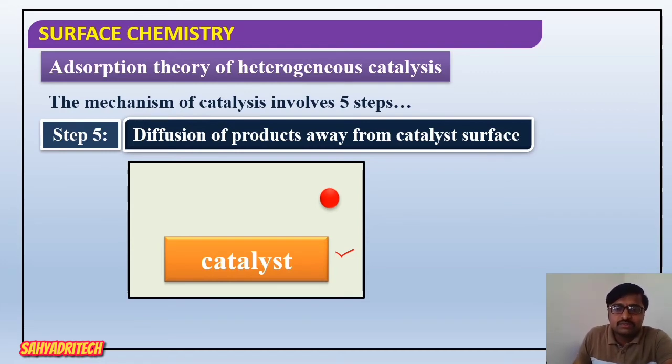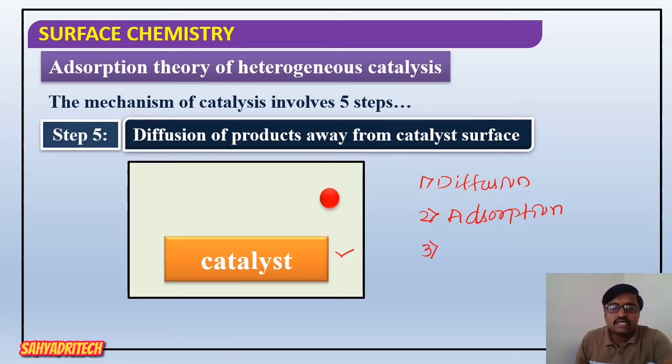Even I can show this diagrammatically, overall. What's the first step? Diffusion. Once diffusion takes place, the next step is adsorption of reactant molecules on the catalyst. Once they get adsorbed, they come close enough to interact among themselves, which leads to formation of a product. So the third step is product formation through intermediate. Once product is formed, it won't remain on the catalyst surface, so it will be desorbed.